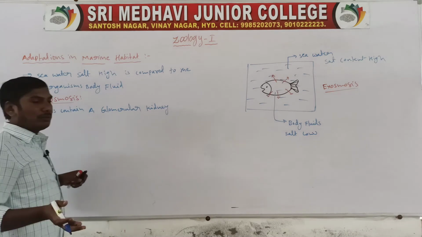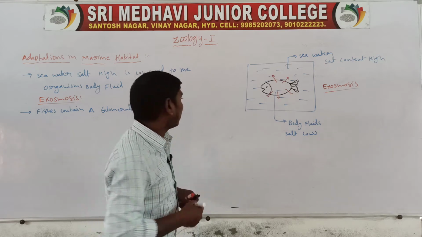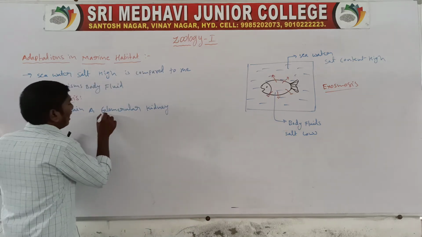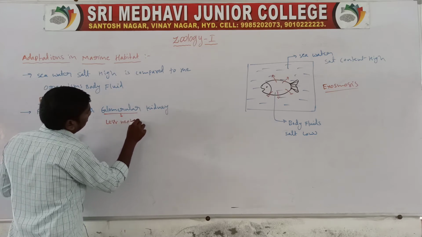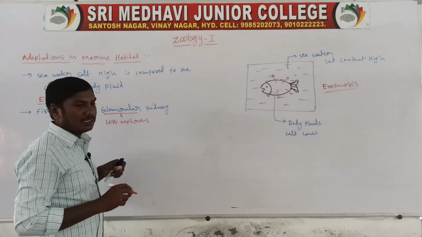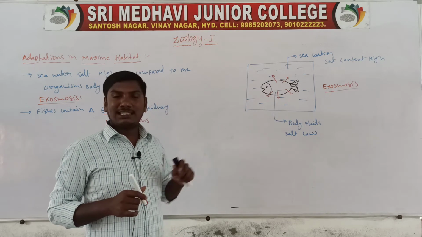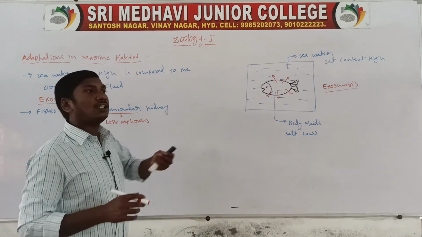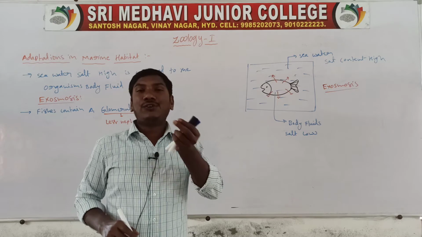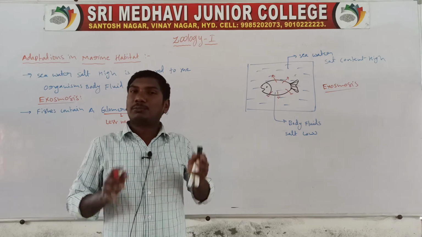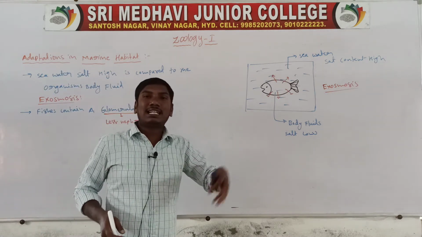Aglomerular kidneys contain fewer nephrons, so only a small amount of water is lost through the urine. This is the prevention of water loss.